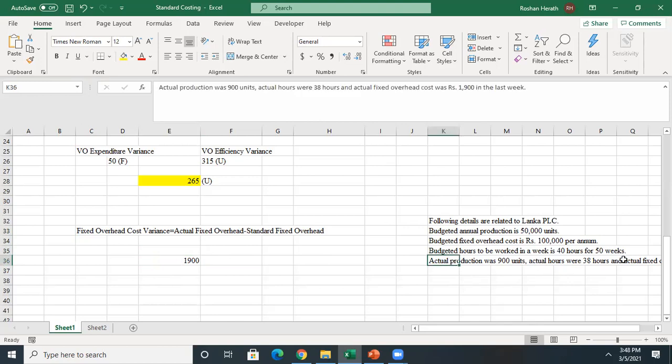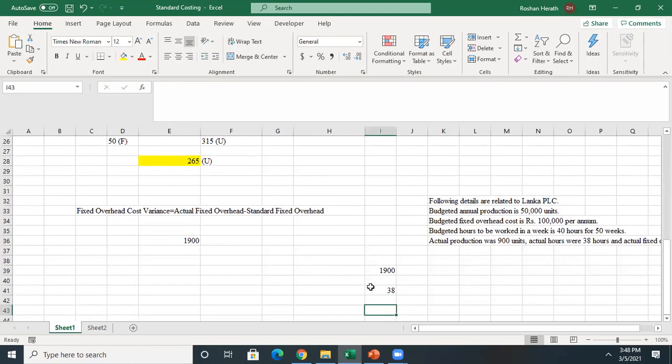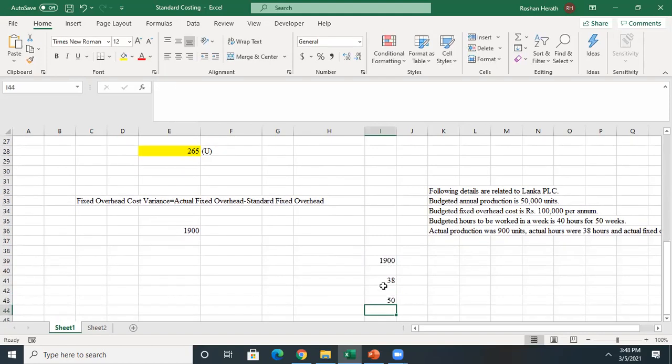So if you apply an hourly rate, the whole cost is 1,900 and you spent 38 actual hours, so the hourly rate comes to 50. So therefore, it's 50 per hour into 38. This will help me identify the variances, right?